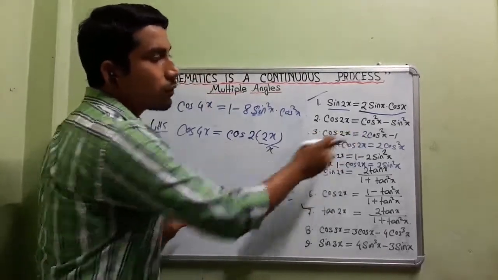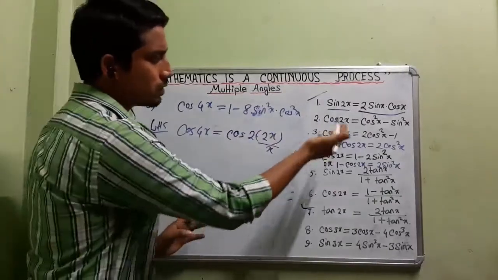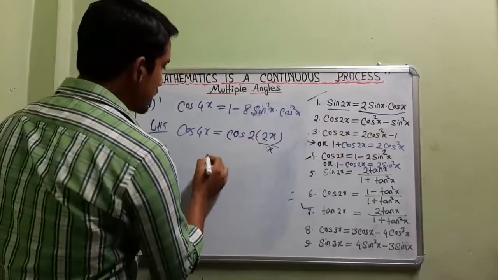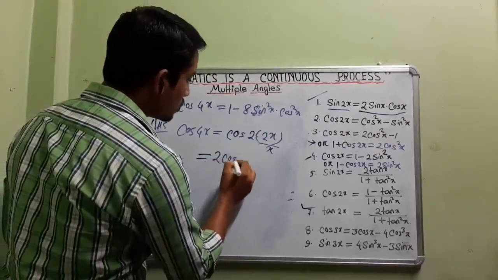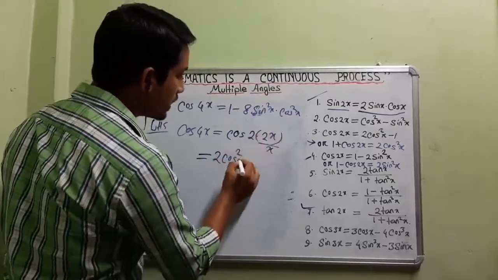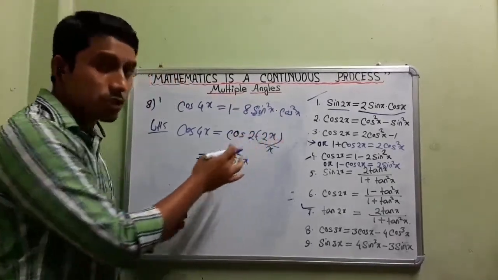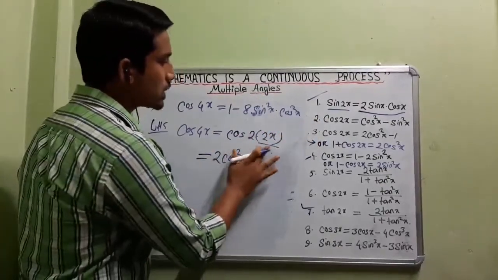The cos 2x formula, we can use any one. Let me put formula number 3: in place of cos 2x, I put 2 cos square x minus 1. Here, in place of x, there is 2x, so we get 2 cos square 2x minus 1.